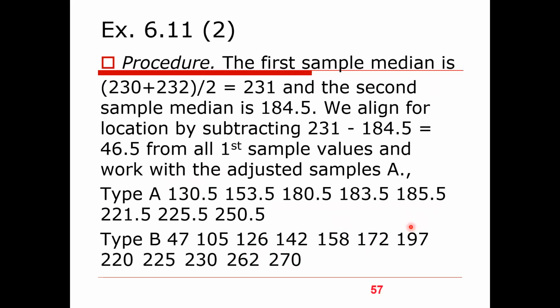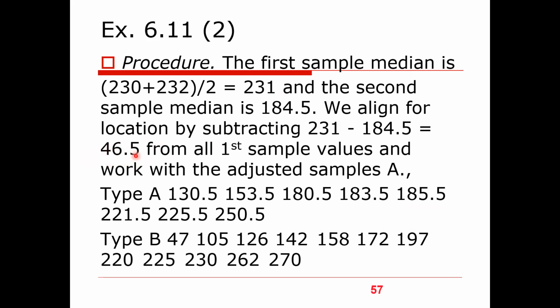So first we need to check if the two samples have similar medians. If they do, then it's okay, we don't need to do anything. If they don't have the same median, then we need to add or subtract the difference on one sample to make them have the same median. So it seems the first sample median is 231, whereas the second sample median is 184.5. There is a 46.5 gap between the two medians.